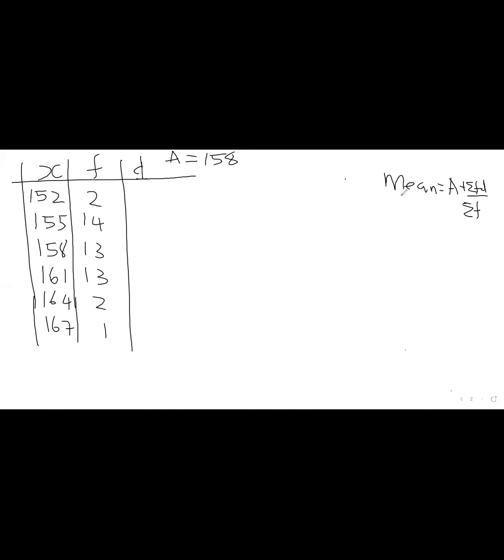Do you remember what D means? D is the difference between X minus the working mean. The advantage with this is you can start with that very number. This becomes a 0, since 158 minus 158 is 0.